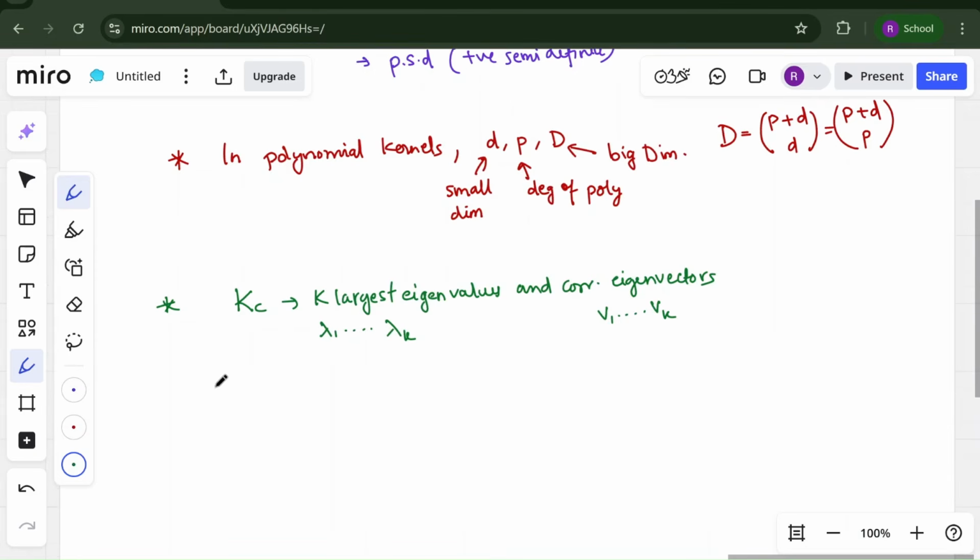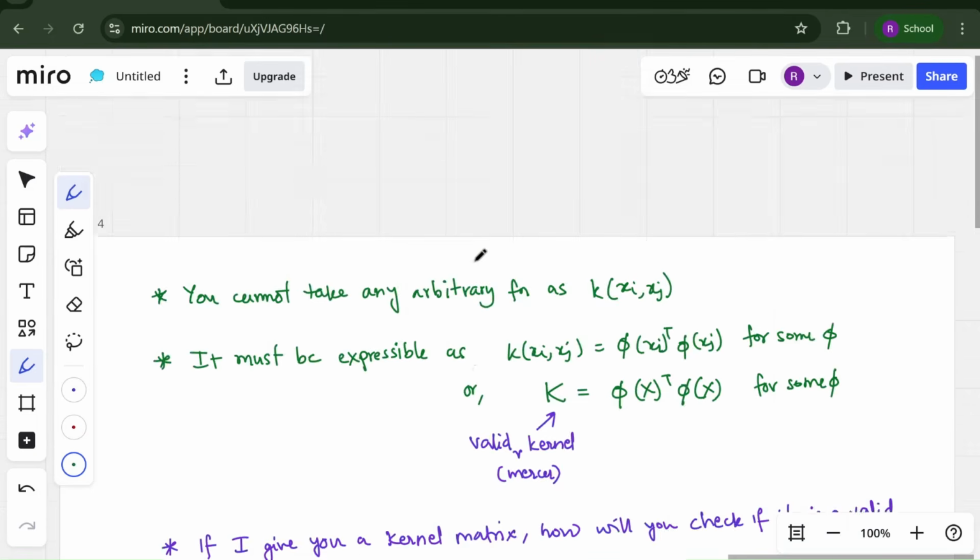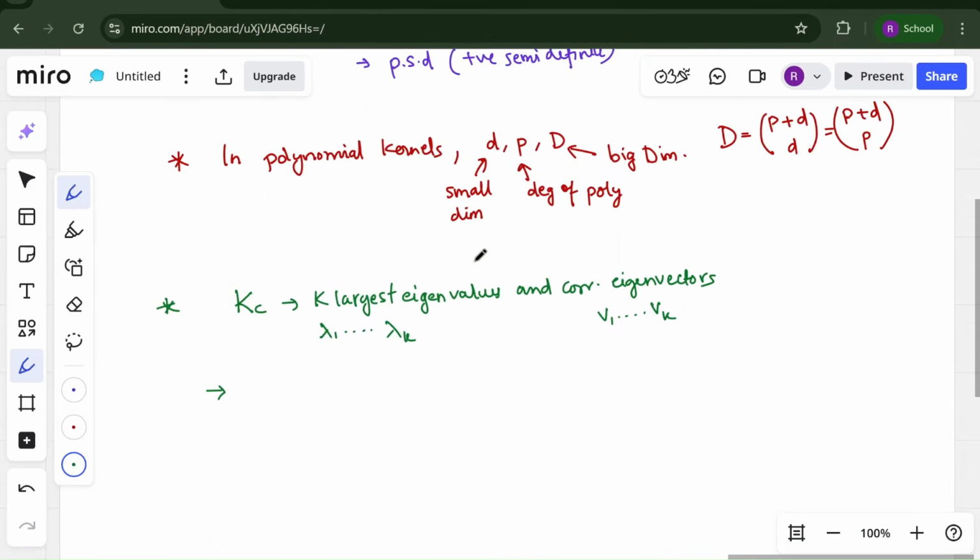Now what are my principal components? Remember, Kc is not the covariance matrix, it is the transpose of the covariance matrix. So the principal components are, observe carefully, w1 equal to phi x times v1 divided by under root of lambda 1.